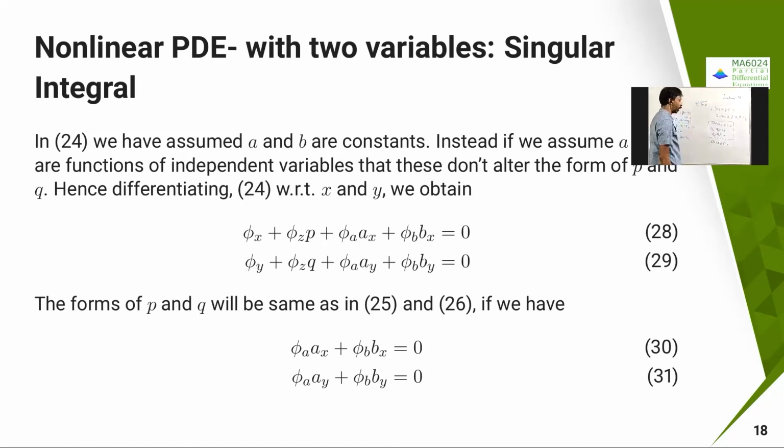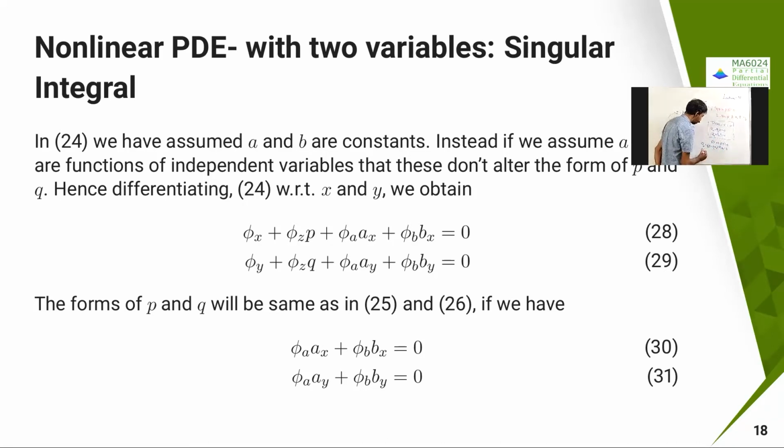If I assume that and differentiate this equation, I'm not only going to get this one. I'm going to get phi x plus phi z into p plus phi a into a x plus phi b into b x equal to 0, because a and b are functions of x comma y.